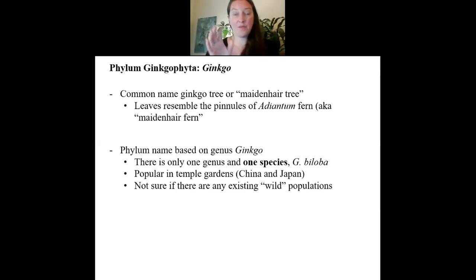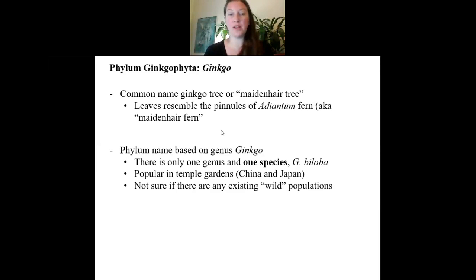And in the phylum Ginkgophyta, I guess I should have said that. Ginkgo is the phylum Ginkgophyta. I don't know if I put a pronunciation on the previous slide. If I didn't, I apologize. In the phylum Ginkgophyta, there is only one genus, Ginkgo, and there's only one species, Ginkgo biloba.